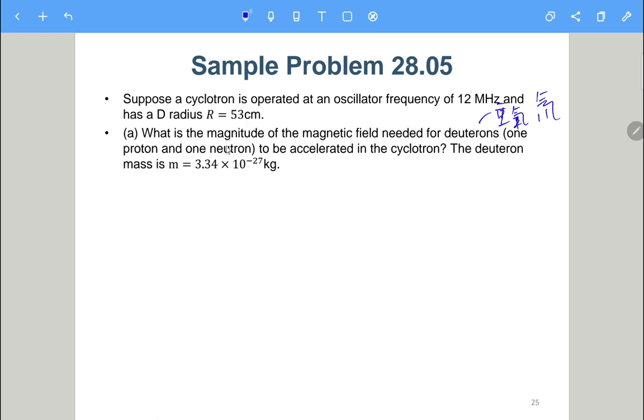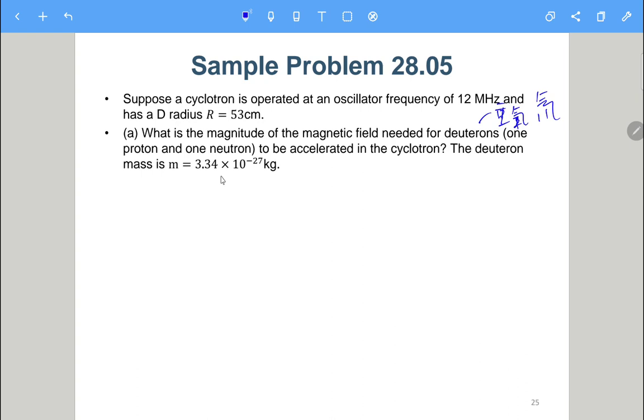Anyway, it has one proton and one neutron, which means it is an isotope of hydrogen, because hydrogen only has one proton. So to be accelerated in the cyclotron, the deuteron mass is 2 times the proton mass.